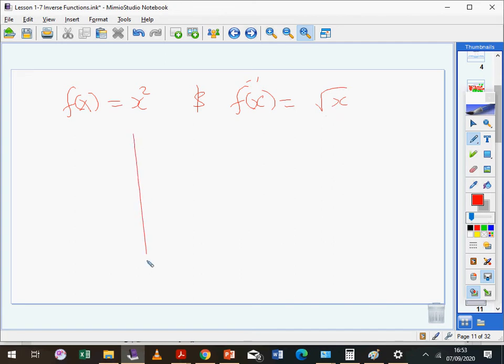If I restricted the graph of y equals x squared, because I know it's supposed to be like that, but if I restricted it to only the part of the domain from 0 onwards, then it would have an inverse, because then I can use this inverse correctly and I wouldn't have a problem. I hope that makes sense.